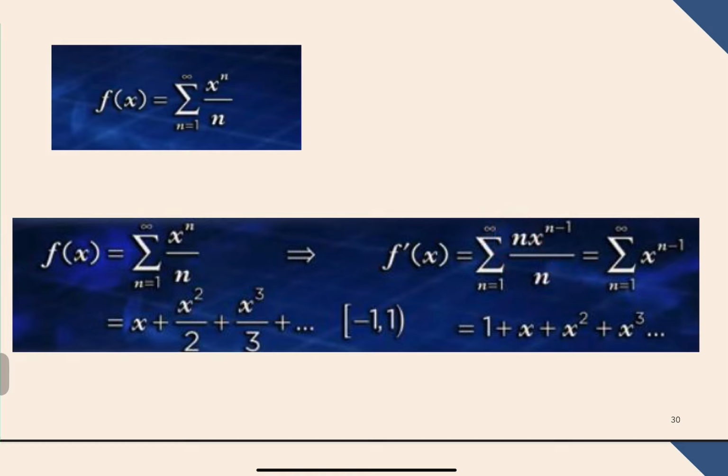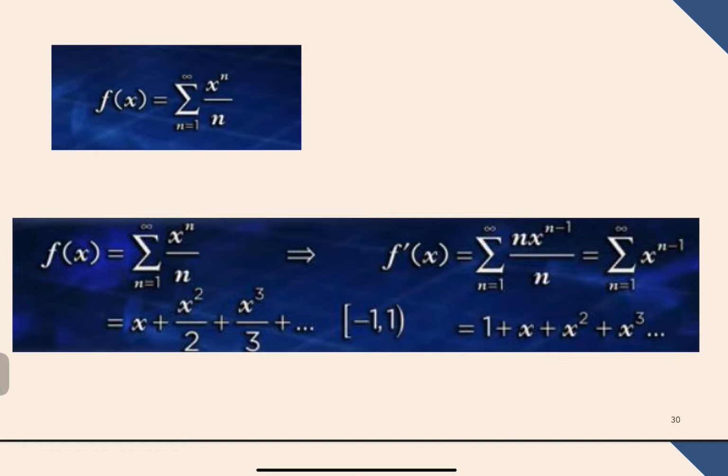It will cancel out. So it will be just x raised to n minus 1, which is equal to, when n is 1, x raised to 0, it's 1. When n is 2, x. So 1 plus x plus x squared plus x cubed, and so on.